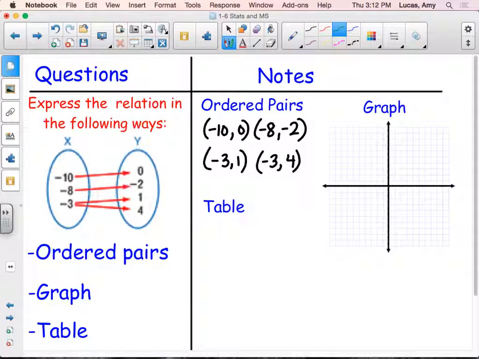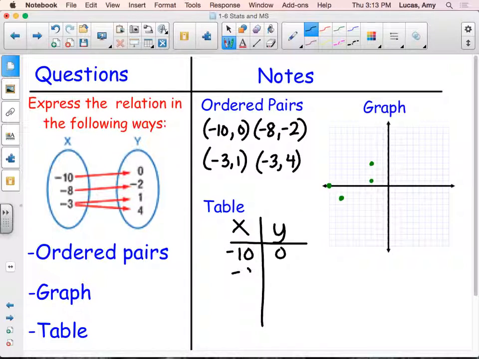My graph, -10, 0 is over here. -8, -2. -3, 1. -3, 4. And then my table, just take the ordered pairs, -10, 0, -8, -2, -3, 1, and -3, 4.